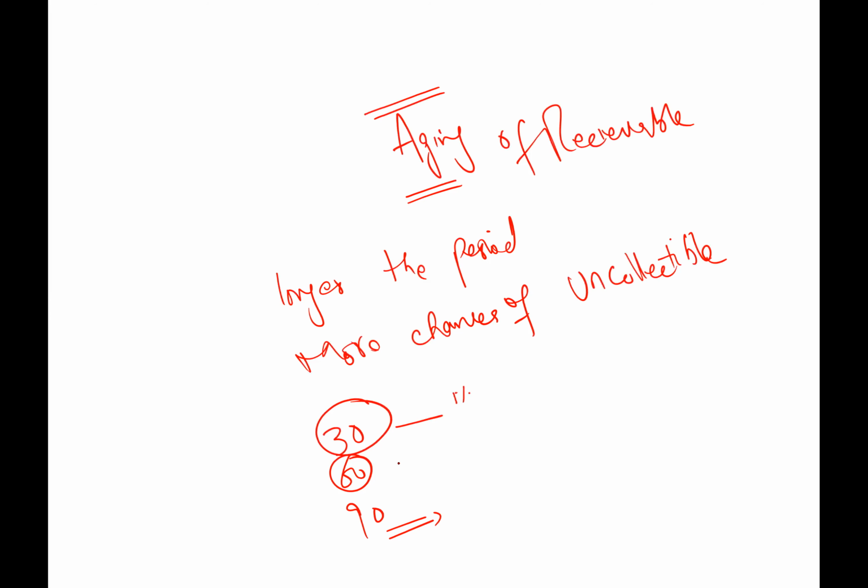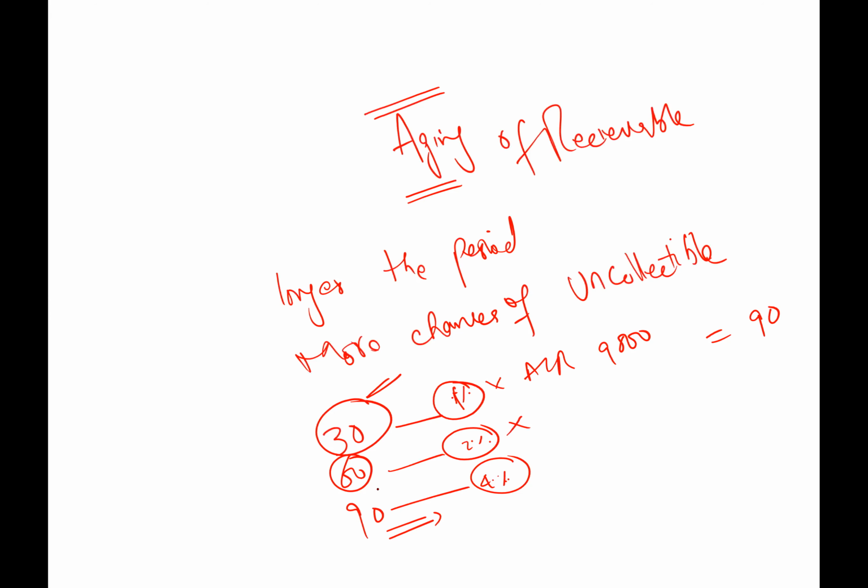Where these percentages came from is a pure mathematical method we are not going to discuss here. The good thing is that you will be given these percentages, and all you have to do is multiply them according to the 30 days account receivable. So in 30 days, for example, we are collecting 9,000. The chance of uncollectible is 1%. It is 90.